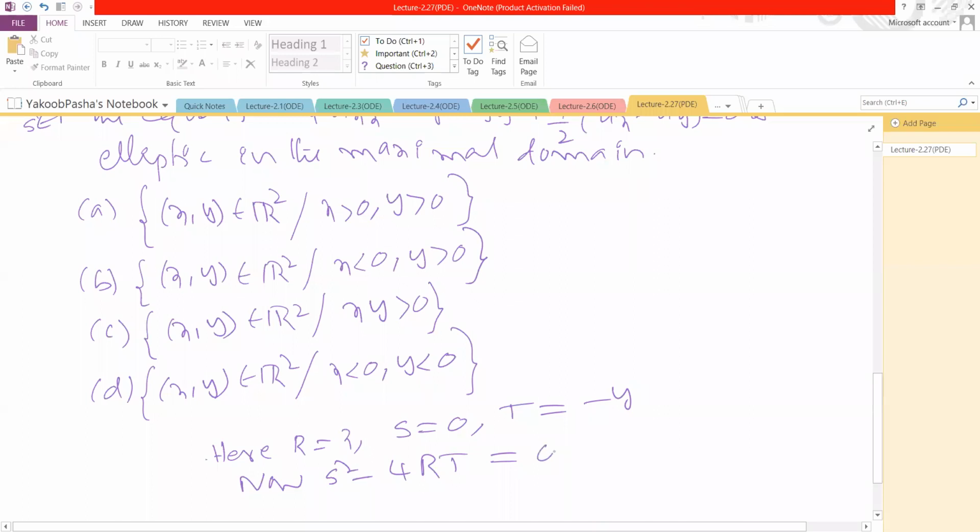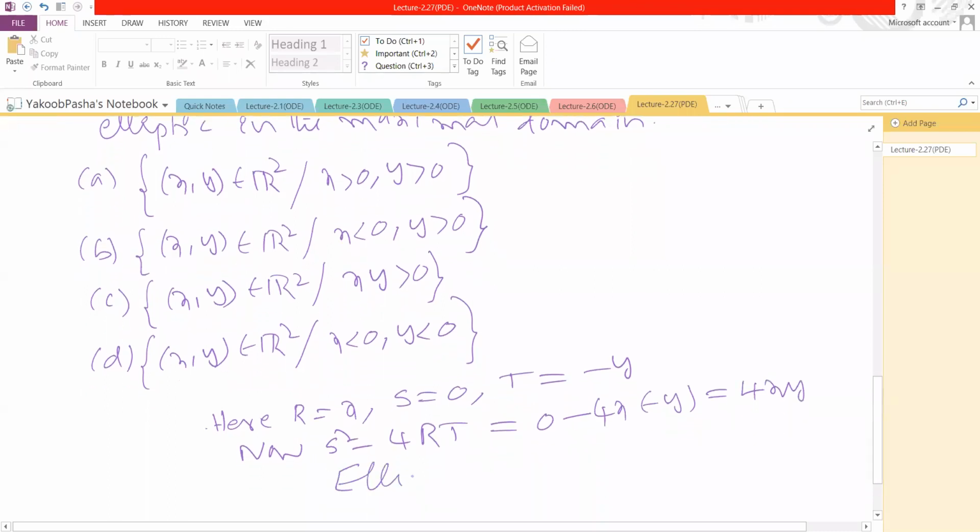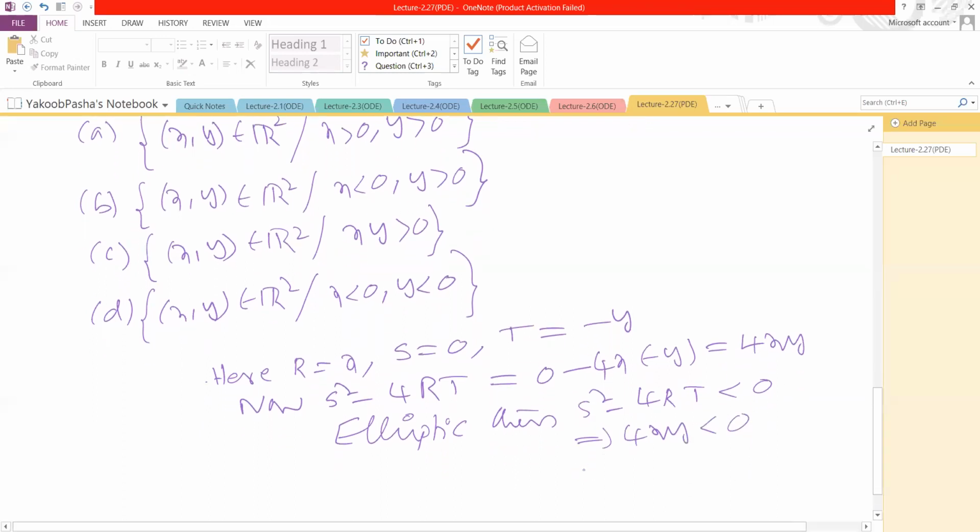That value is 0 minus 4 times x into minus y. That is equal to 4xy. We are given it is elliptic. Whenever it is elliptic, then S square minus 4RT is less than 0. That is 4xy is less than 0, which means xy less than 0.